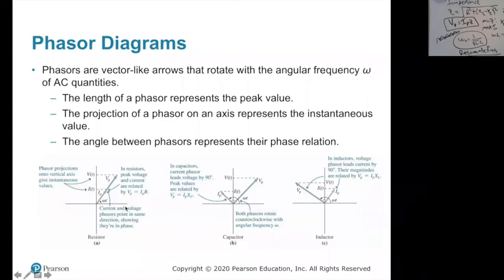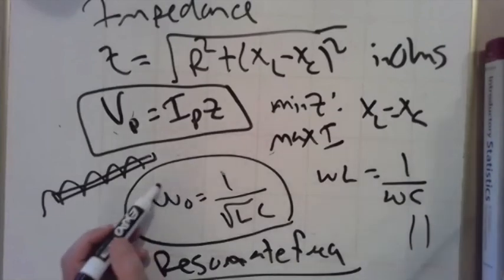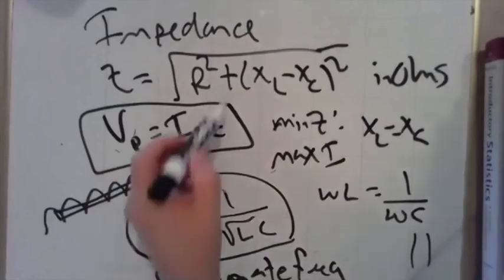Okay, then you have a test question. I think it's the last question on the test, or it's near the end, that talks about doubling your resonant frequency. It's a long, complicated problem. I want to give you some hints on it. So here's your impedance.